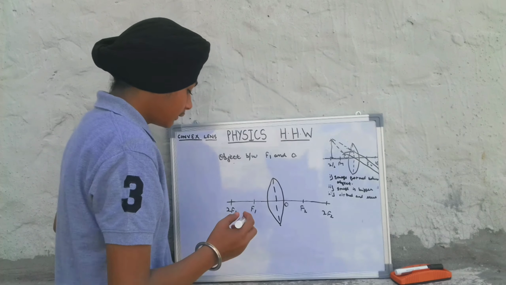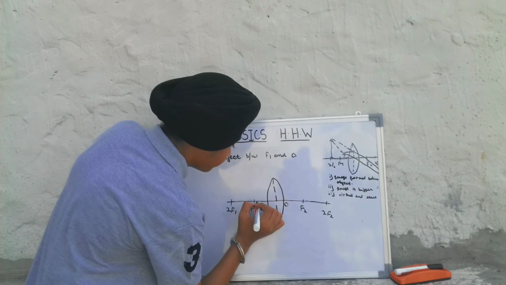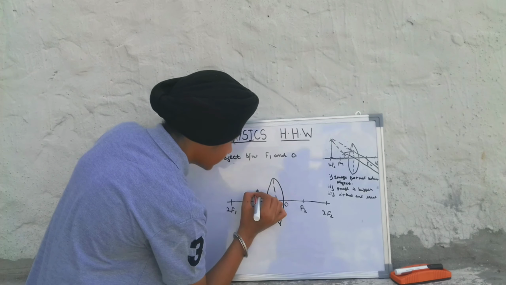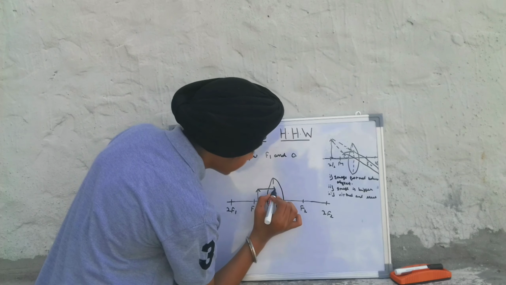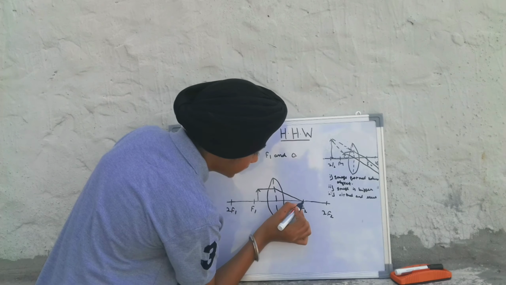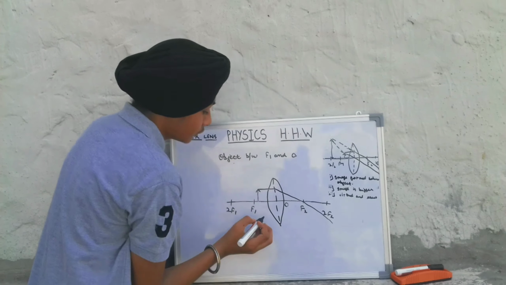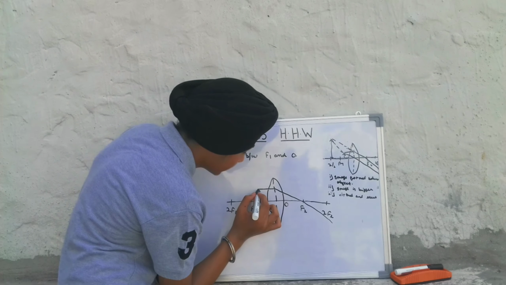So here's our object, and this ray goes through the optical center and passes through F2. So our second ray passes through the center.